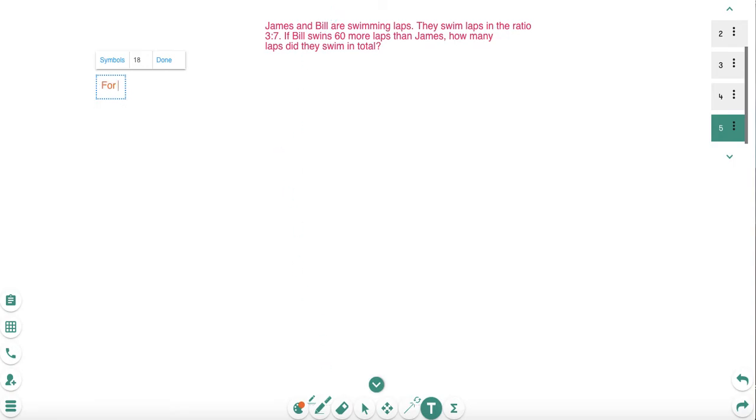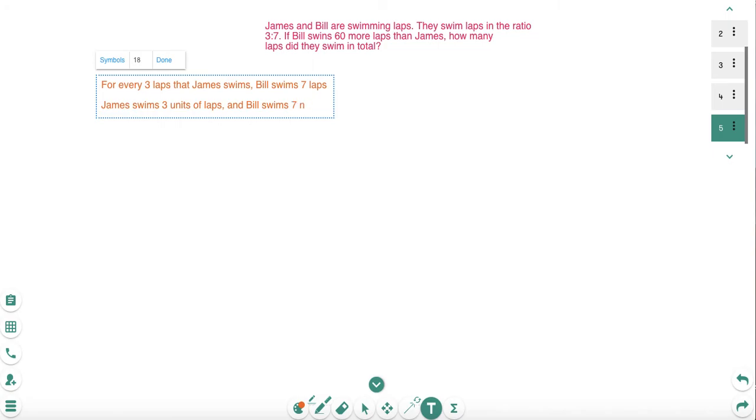So for every 3 laps that James swims, Bill swims 7 laps. So Bill's faster. James swims 3 units of laps, and Bill swims 7 units of laps.